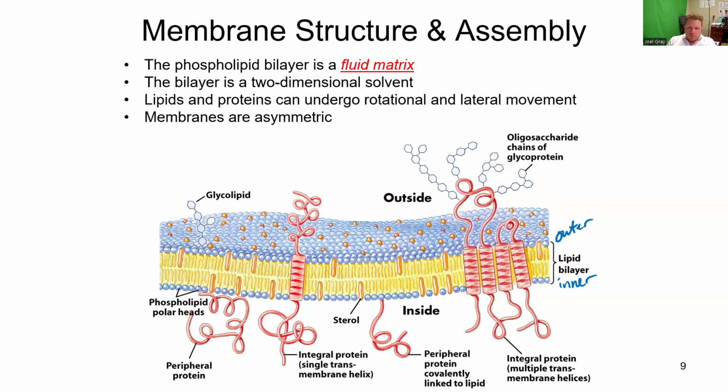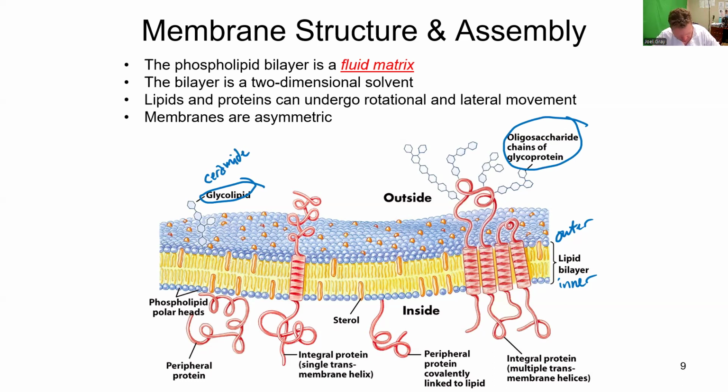So typically, the oligosaccharide chains of a glycoprotein are going to be found on the outside of the cell, in the outer leaflet. Glycolipids, an example of this would be something like a ganglioside. This is a sugar plus a fat.